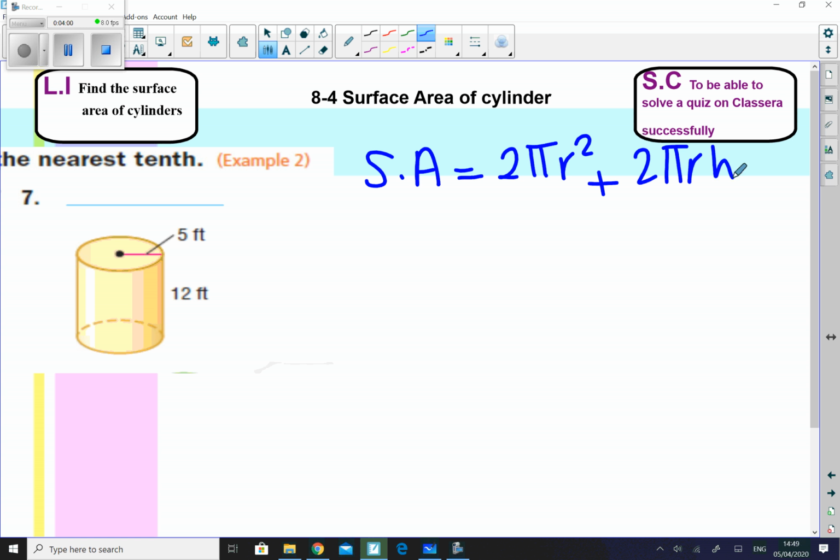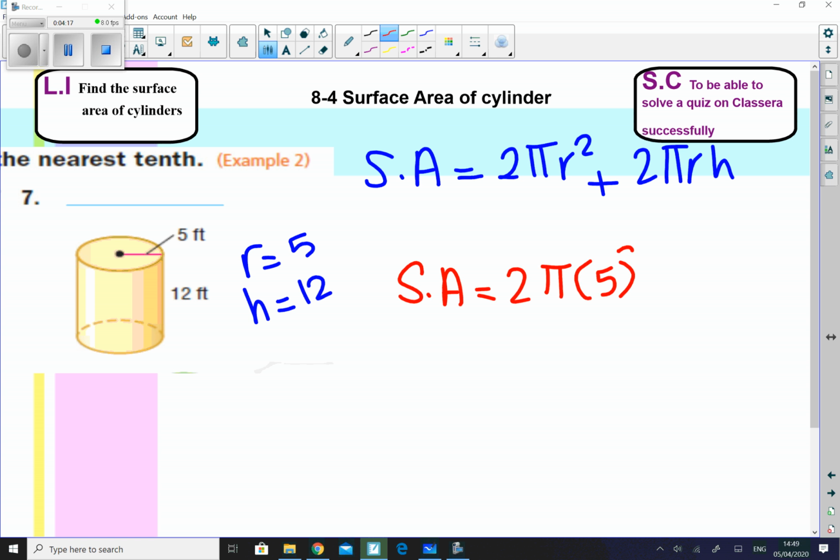Do we know the radius? Yes, it's 5. Do we know the height? Yes, it's 12. So I will substitute in my rule. The surface area is equal to 2 pi times 5 squared plus 2 pi times 5 times 12. And then you need to find the answer.